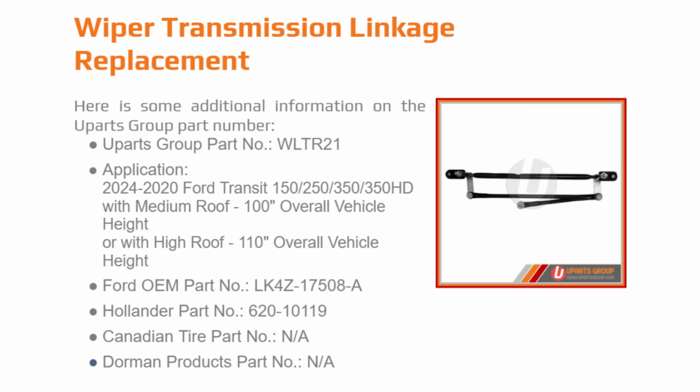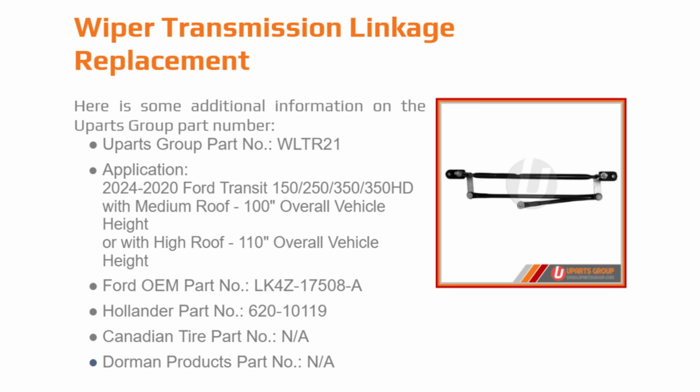WLTR21. This application will fit all Ford Transit from 2022 to 2024, as well as all Ford Transit 150, 250, 350, 350 HD from 2020 to 2024 with medium roof 100 inches overall vehicle height and high roof 100 to 110 inches overall vehicle height.